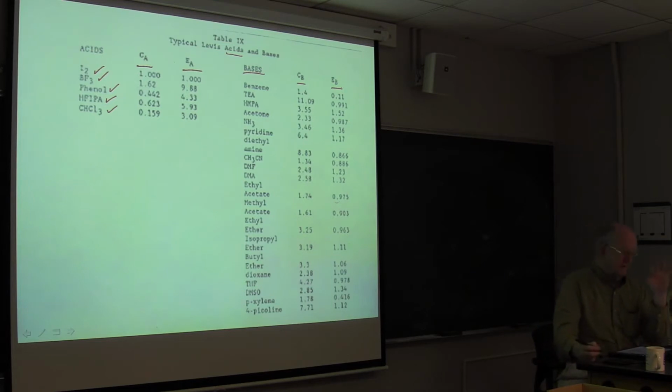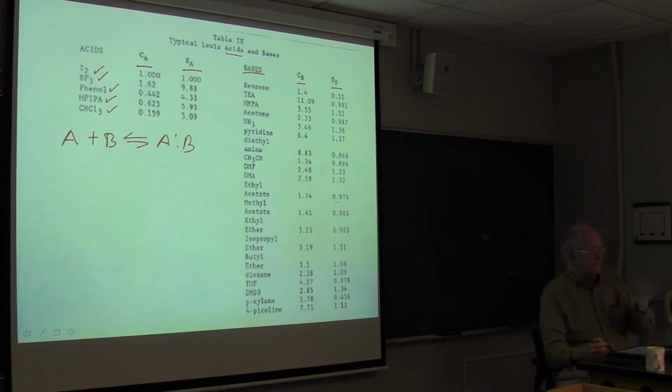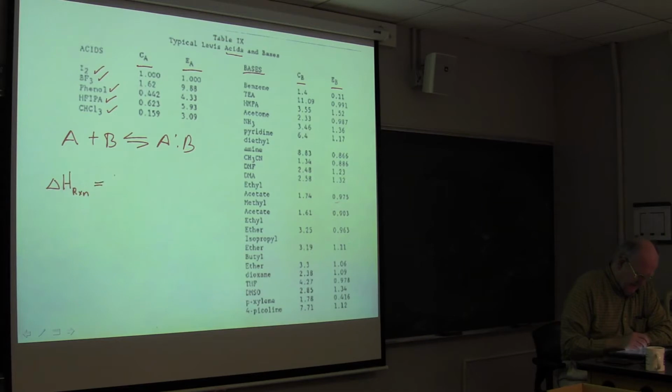And when they attempted to rationalize those heats of reaction, so we're talking about an acid and a base reacting to form some sort of chemical species which is distinct from the acid or the base, what they found out is they needed to take the C parameter of the acid and multiply it by the C parameter of the base and add to that the E parameter of the acid multiplied by the E parameter of the base.